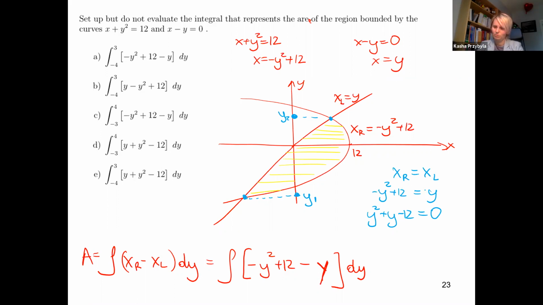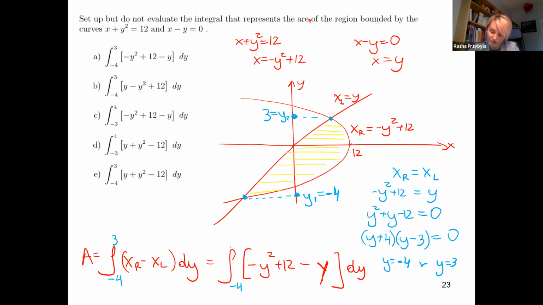If I factor, it is 3 and negative 4. We can factor out 4 and 3, plus and minus, which means negative 4 and positive 3. Negative 4 and positive 3.